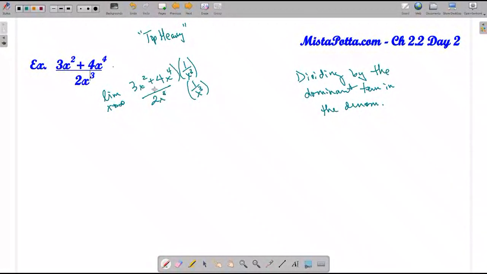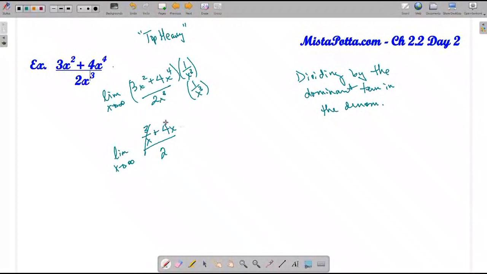And when I distribute that across the numerator, I'm going to end up with 3 over x plus 4x. And my denominator ends up just being a 2. But I'm still trying to evaluate a limit as x approaches infinity. And so when I look at it from this standpoint, I know that 3 over x behaves like my parent function, which goes to 0.